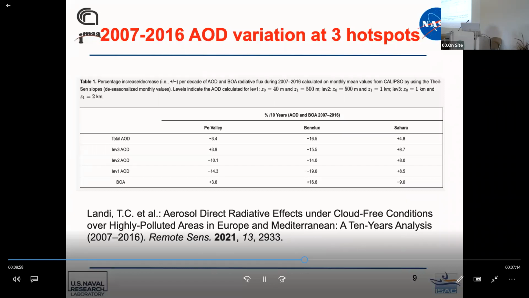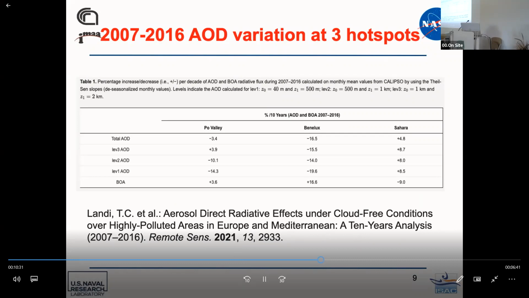This is calculated using the monthly mean values from CALIPSO and using the Theil-Sen slope. This kind of statistical analysis tells us if there is really a decrease or an increase during the examined period. All these analyses can be found in the publication that was published a few months ago.